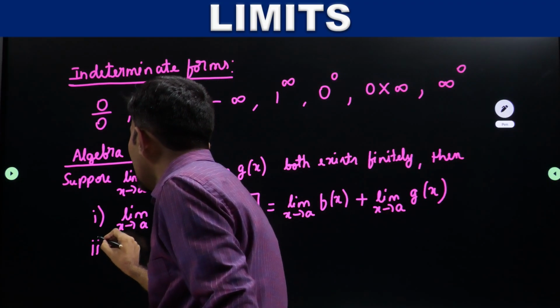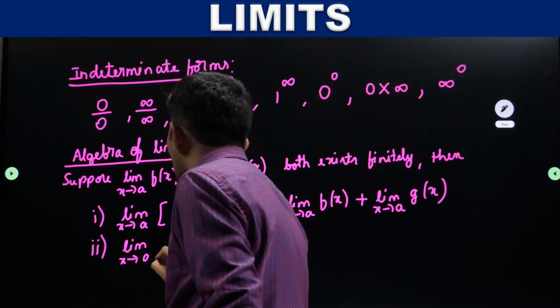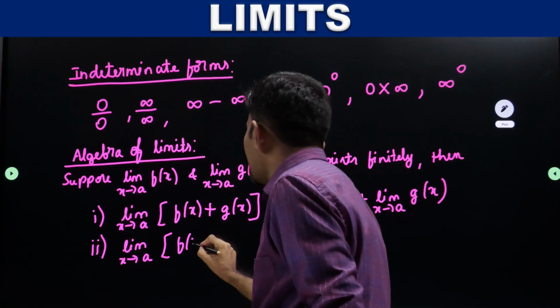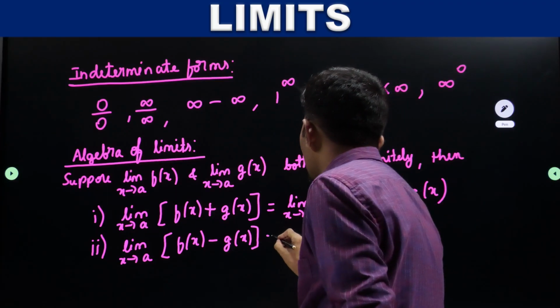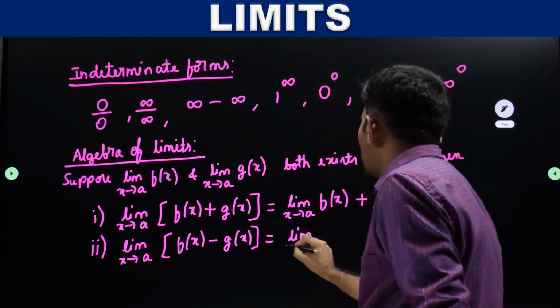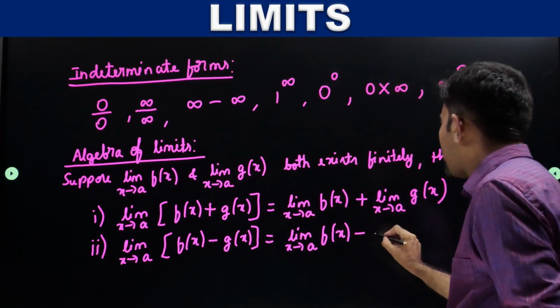Second one, we have limit x tends to a, f of x minus g of x. Limit of the difference is difference of the limits. Limit x tends to a, f of x minus g of x is equal to limit x tends to a, f of x minus limit x tends to a, g of x.